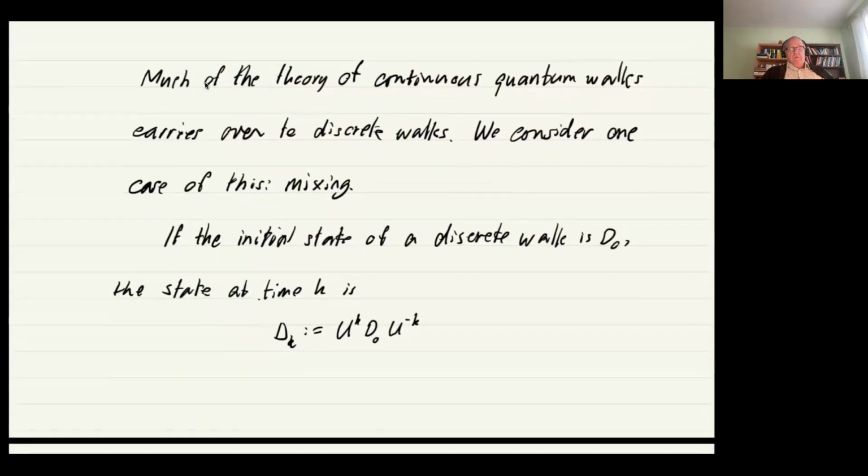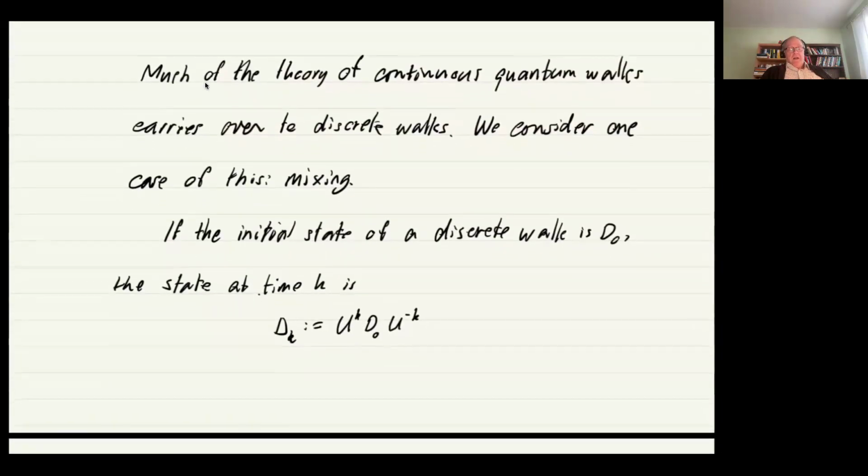There are a number of things we can consider, but I'm going to consider mixing, which I'm about to define. And so we have the usual setup. I'm going to have an initial state D0, and at time k, I'm going to have a state D sub k.